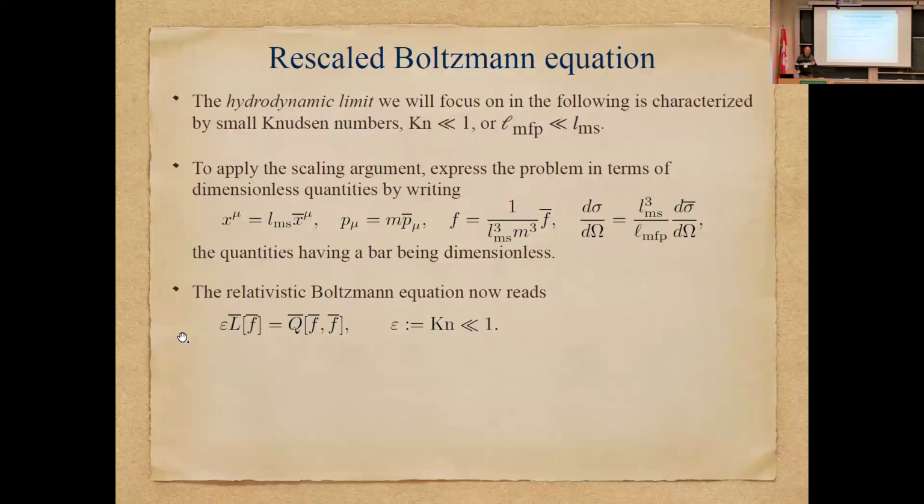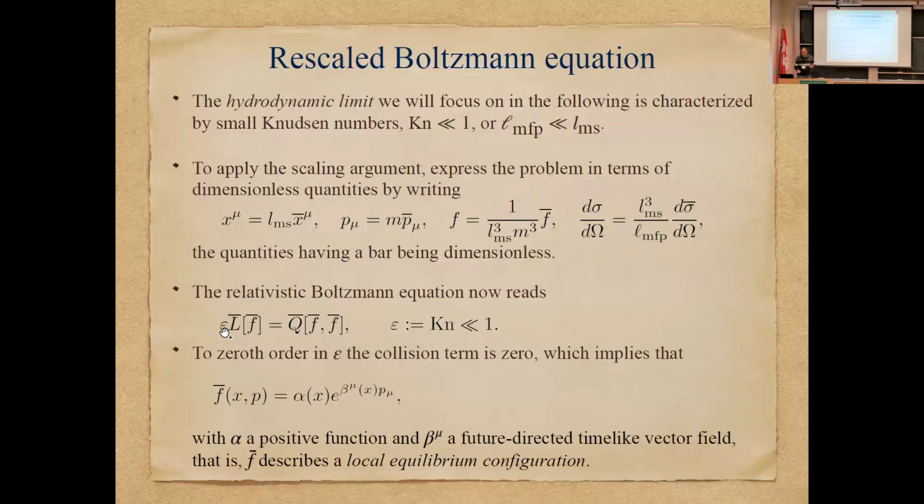Now we are going to look at solutions which have an expansion in epsilon. To 0th order in epsilon, if epsilon is strictly 0, then you recover exactly what you want: the collision term is 0. That implies that the distribution function should be the Jüttner distribution function, which is what I just showed you before.